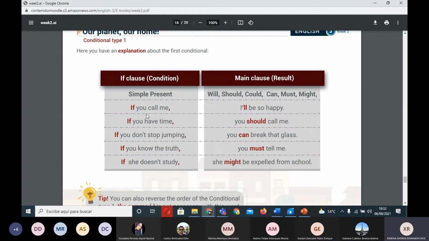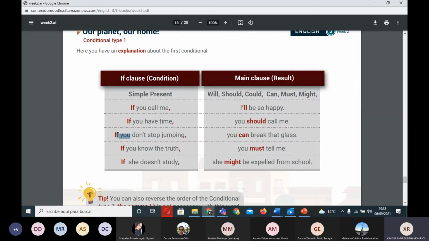So if you call me, if you have time, if you don't stop jumping, if you know the truth, if she doesn't study. Notice that you have the verbs in present simple: call, have time, don't stop. Remember that in English, we use two auxiliaries in negative sentences for the present simple: don't and doesn't.